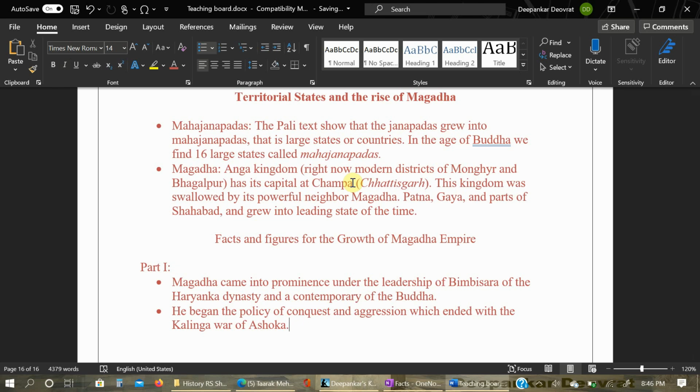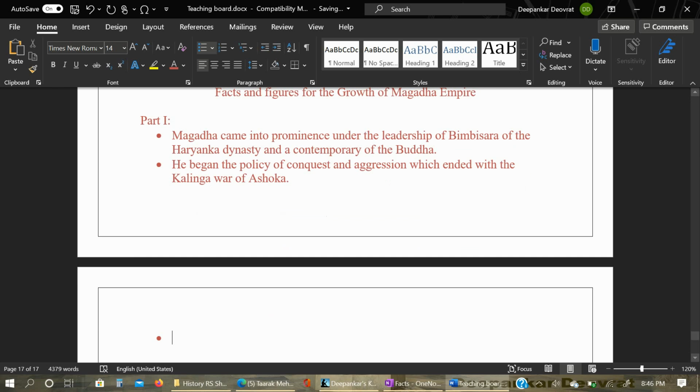And he also strengthened his position by marriage alliances, and he had 3 wives. I'll explain it here, it is actually a little bit complex.